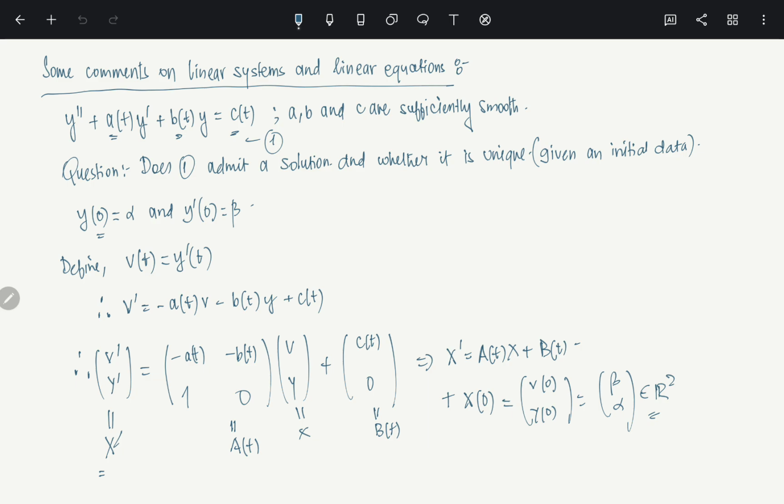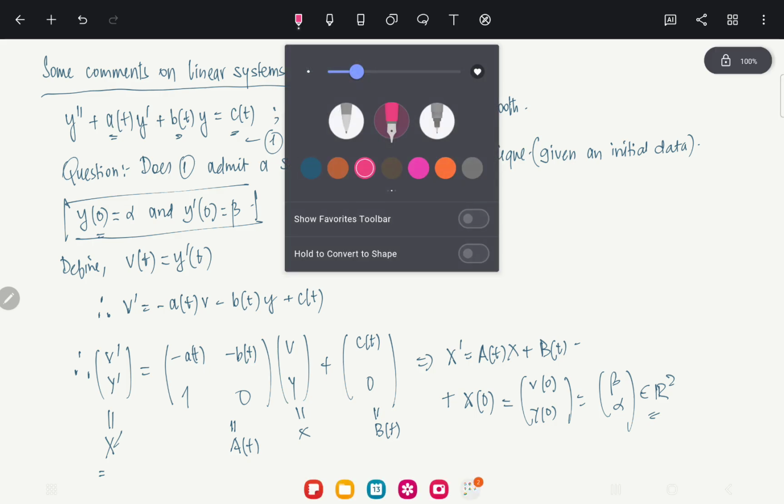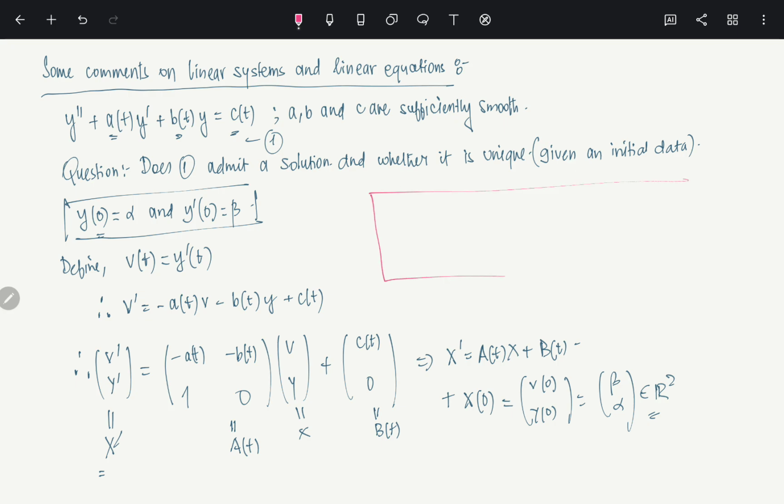So what is the summary of this whole video? In this video, what we have learned, and please remember, very important: given an initial value problem, this is the initial value problem given to us, 2 plus 2, admits a unique solution in I. And what is I?